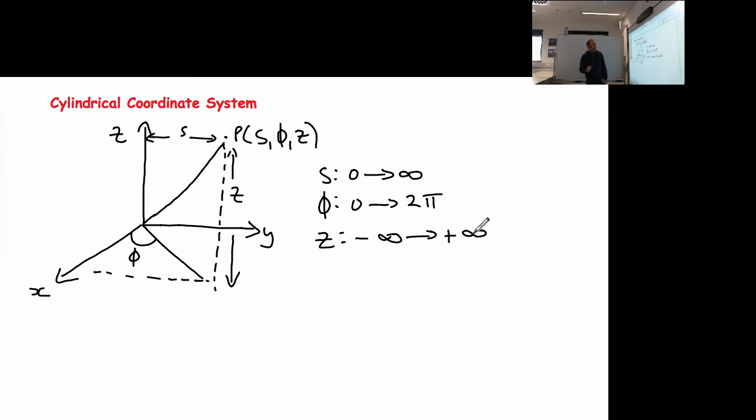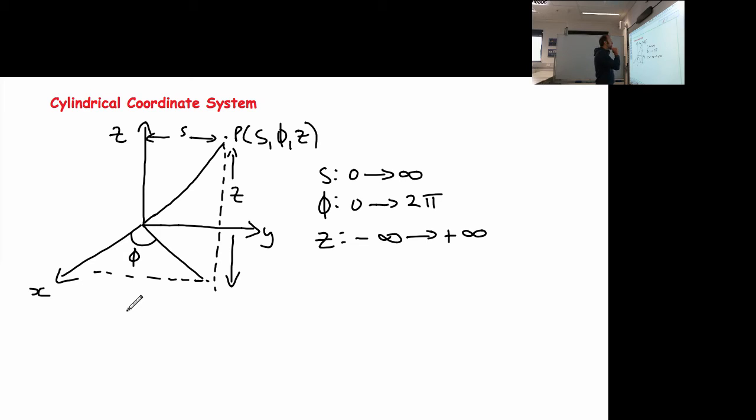Okay, so the big difference here between the cylindrical coordinate system and the spherical one to remember is that S is the distance from the z-axis, whereas R was the distance from the origin to your point P. So we can also write down our unit vectors.